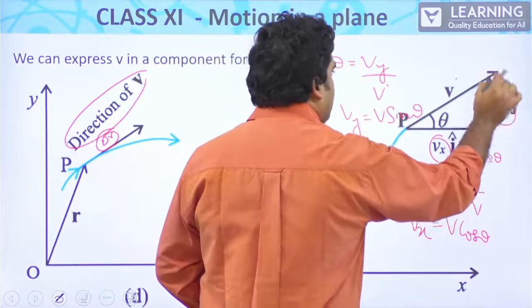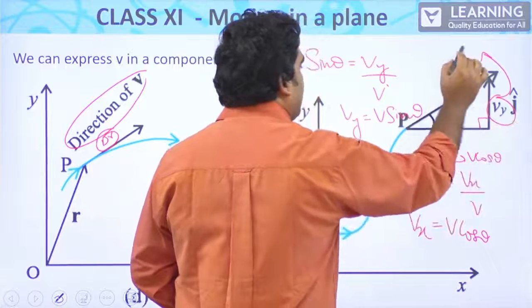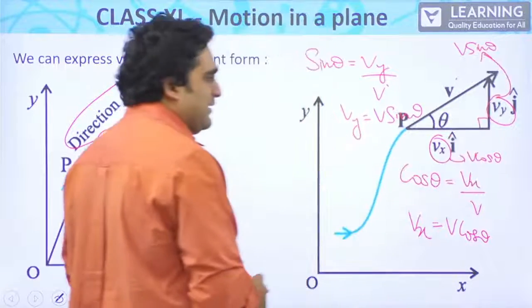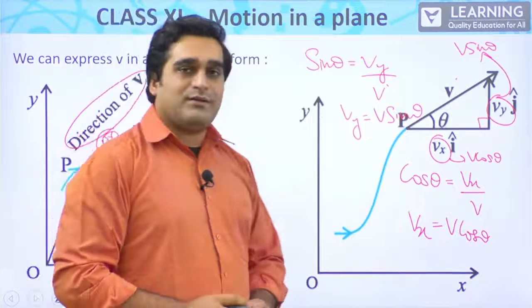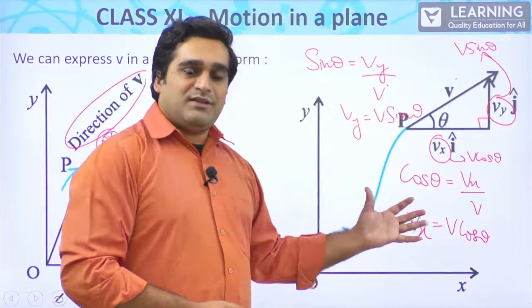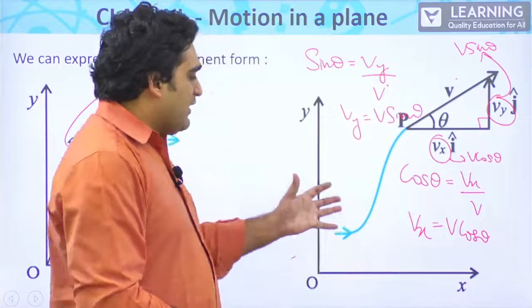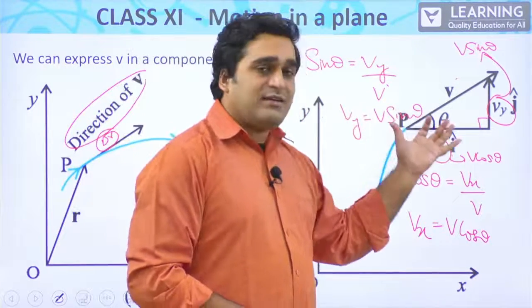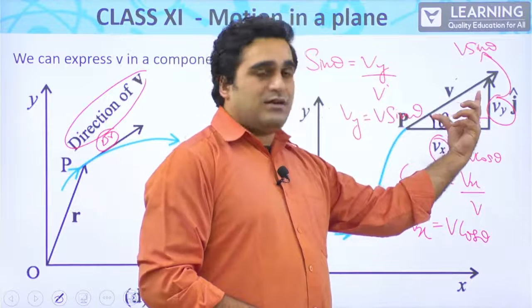So this y component can be replaced with V sine theta. I hope I've made it clear how a given x component and y component are related to a given vector V.